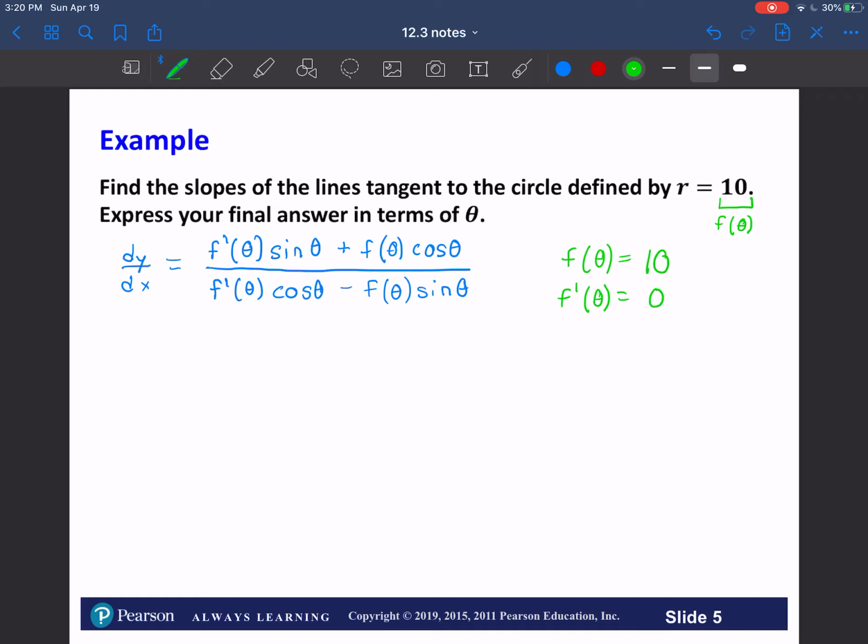Which means that this entire term and this entire term are just 0. And so all we are left with, if we plug everything else in, is 10 times cosine theta divided by negative 10 sine theta. And simplifying this, we get negative cotangent of theta, because that's cosine over sine.